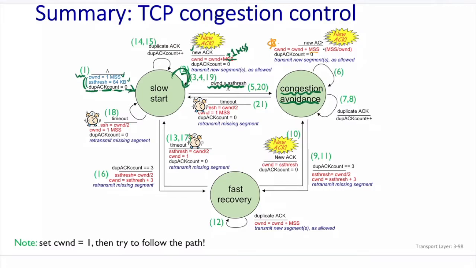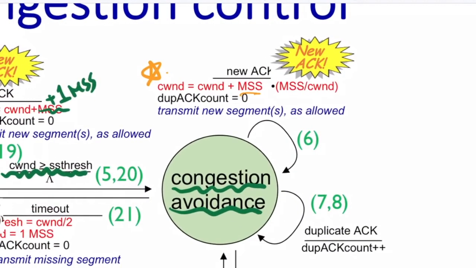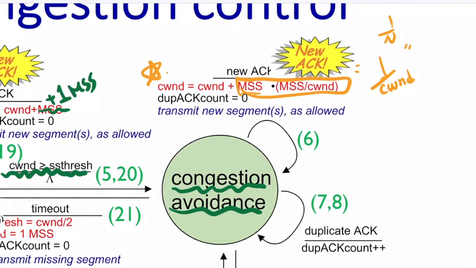At the congestion avoidance state, when you receive a new ACK, you simply add, as we mentioned before, 1/n maximum segment size.